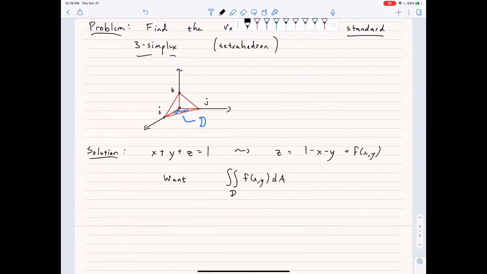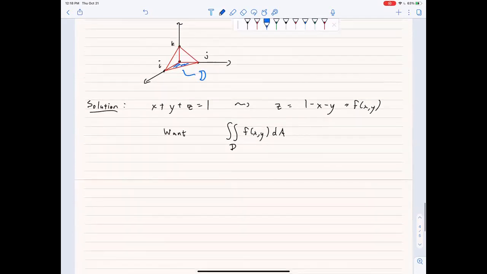Let's draw this domain D in 2 dimensions and see what we have here. Well, we had i and j, and we connected to the origin, and we filled in. This is our domain D.